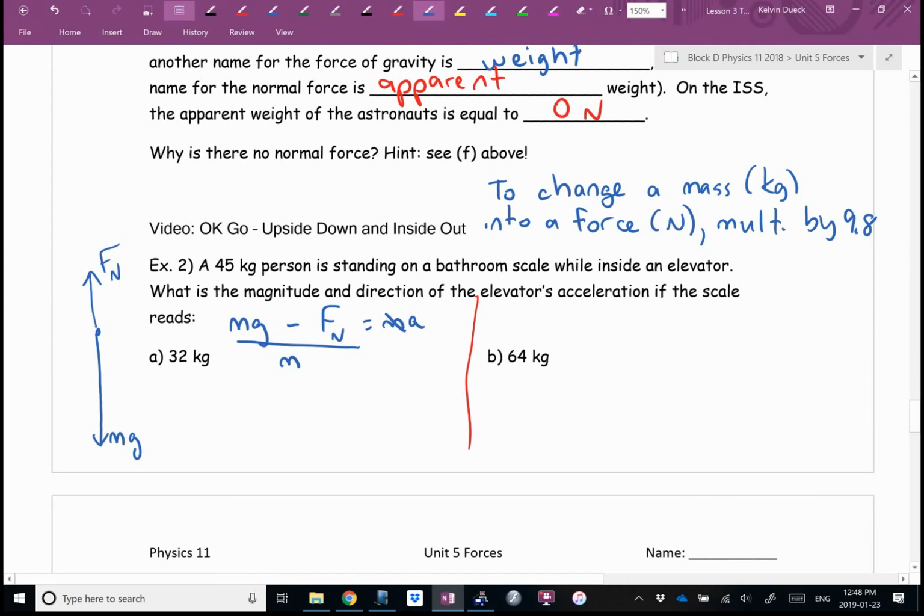So, ready? Riley, what was M? G, 9.8, minus the normal force is going to be 32 times 9.8, divided by the actual mass. What's the magnitude of the acceleration?